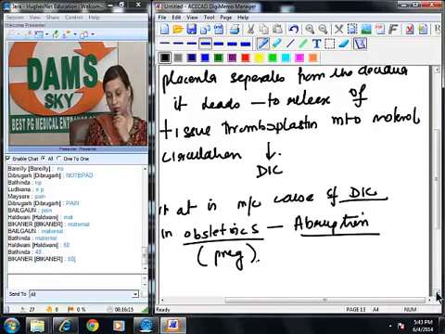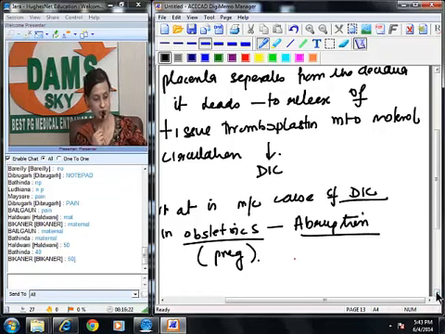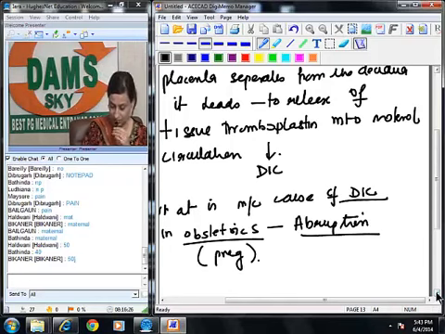Now, the problem with placenta previa and abruption is that once the process begins, once the placenta begins to separate in abruption, it is a self-propagating event. Why? What will happen?